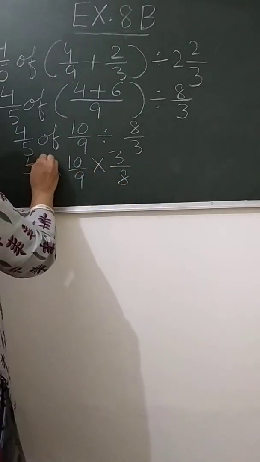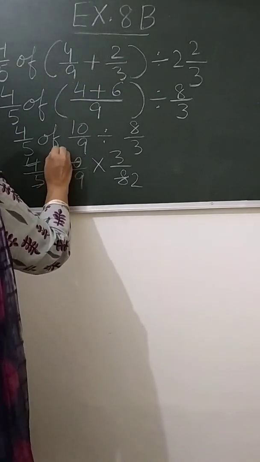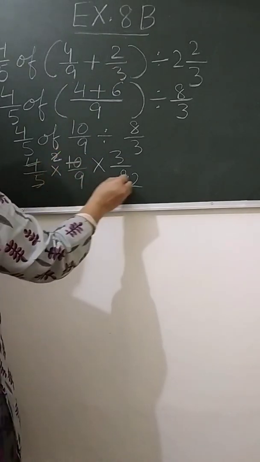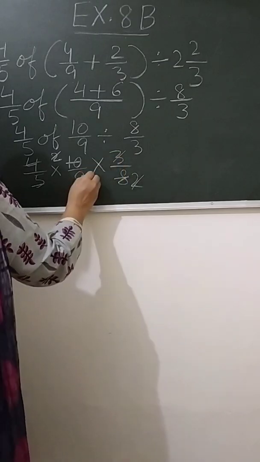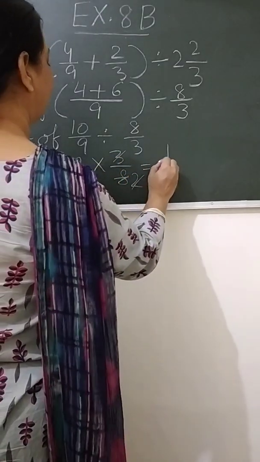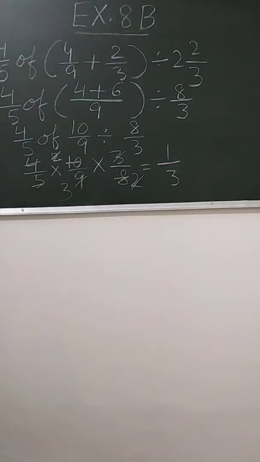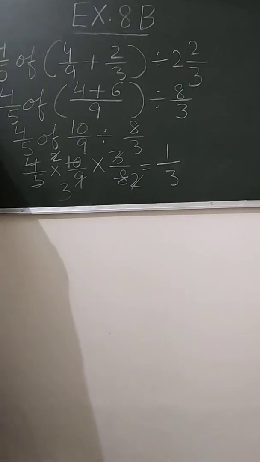So look here, this is 4 2s are 8, 5 2s are 10, 2 is cut with this 2, 3 3s are 9. We are left with 1 over 3. This is the answer. So come to the next question, 16.